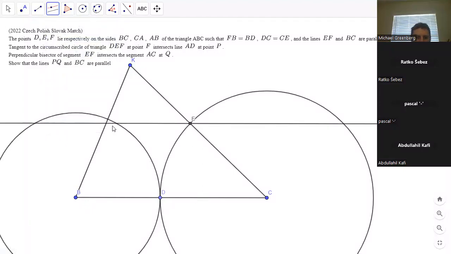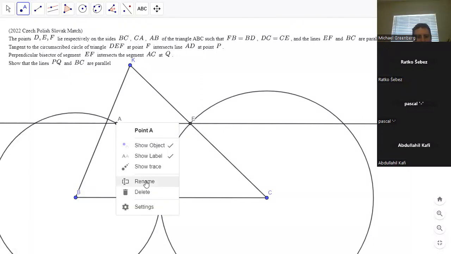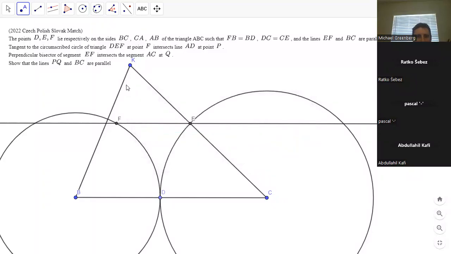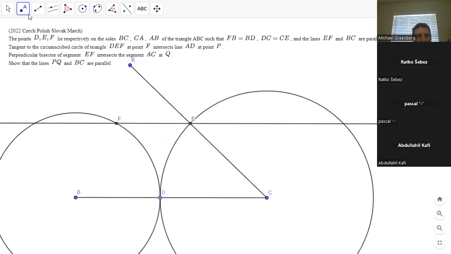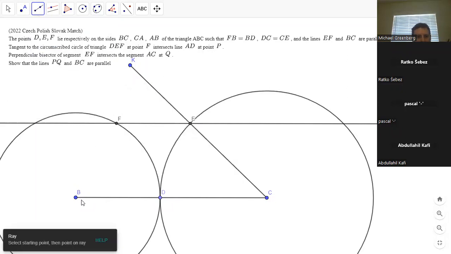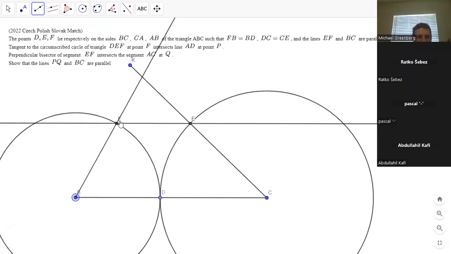How should we do this? Okay, really we want to see where it meets the circle. So this should be F. Really we can delete this segment, I think. And it's like this. So this is A.